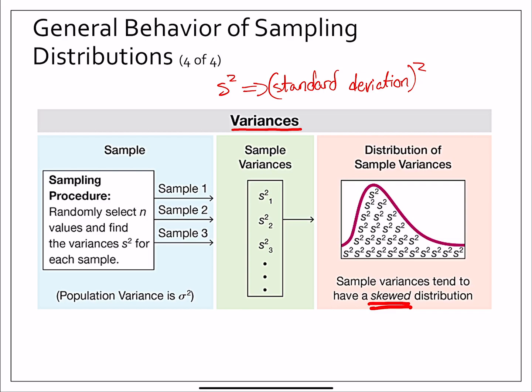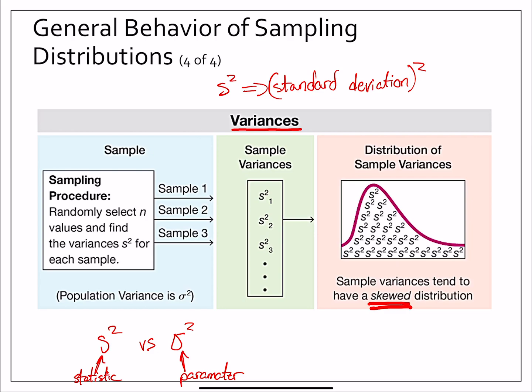Now, again, another note, we're looking at S squared versus sigma squared. Statistic, parameter, right? Statistic, and that is a parameter.